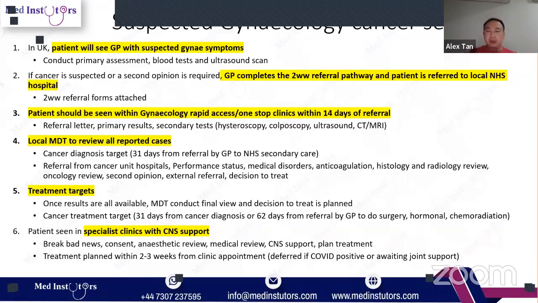It could be one of the 5 cancers: endometrial, which is the most common, or ovarian, cervical, vulvar, vagina, and sometimes other coexisting cancers which happen to have gynae symptoms. From this, the patients will have tests done, and all of these patients will be discussed in our MDT.